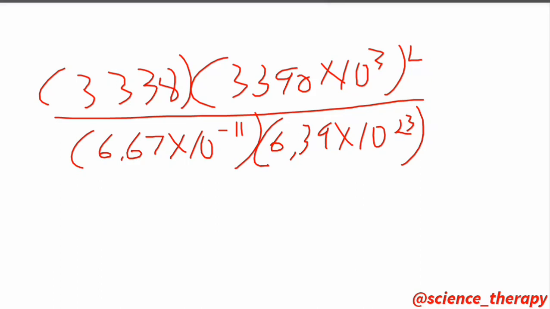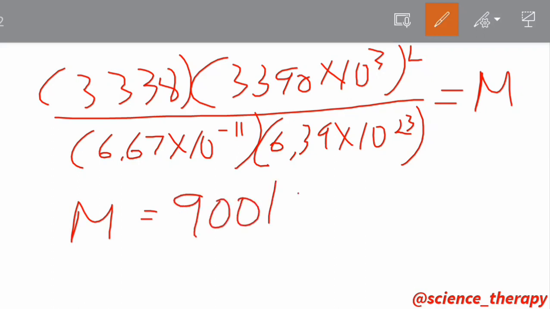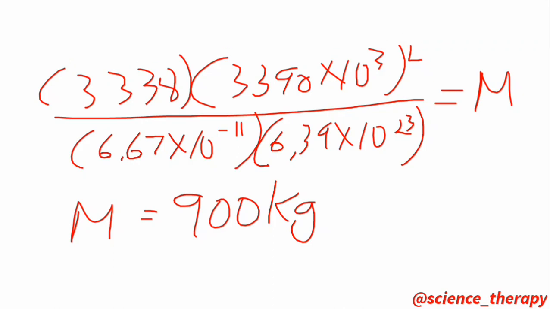We had that to the power of 3. And then all this is equal to the mass of the probe. So when you punch all this in your calculator, it should give you the mass of the probe, which is 900 kg, right? So 900 kg, that becomes our mass. Now let's move along.